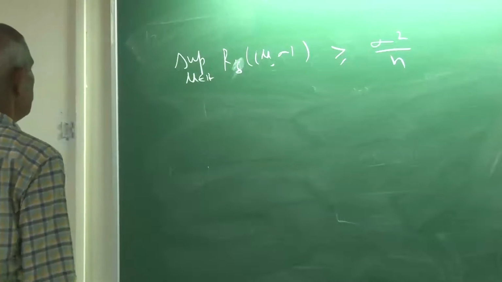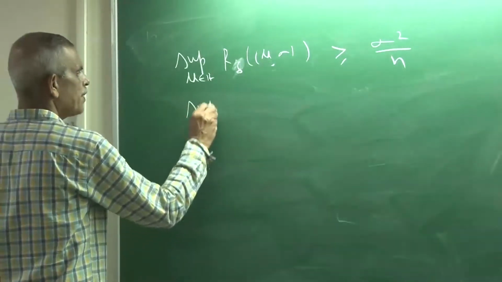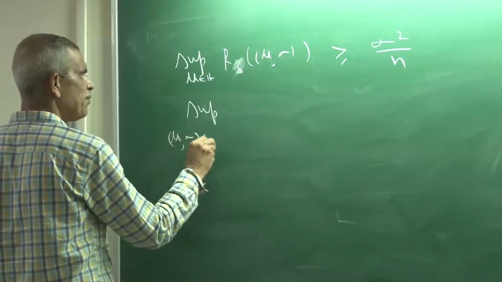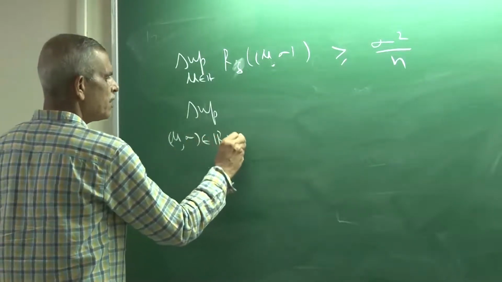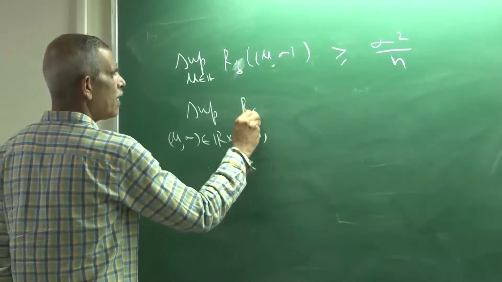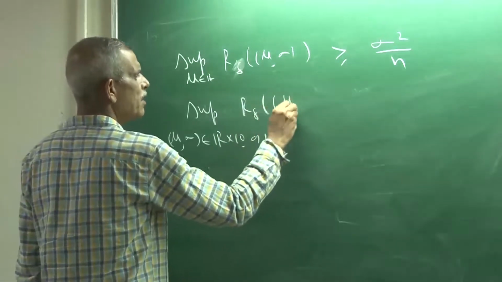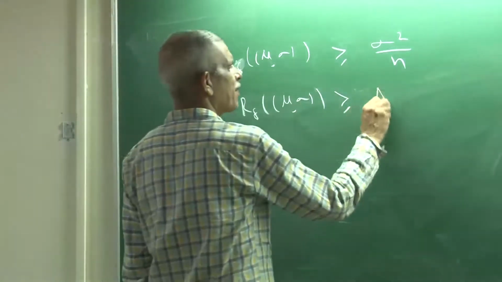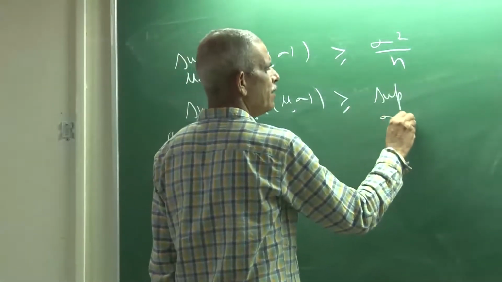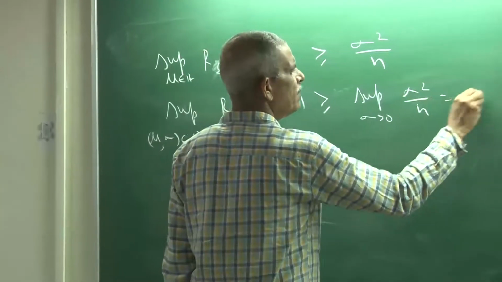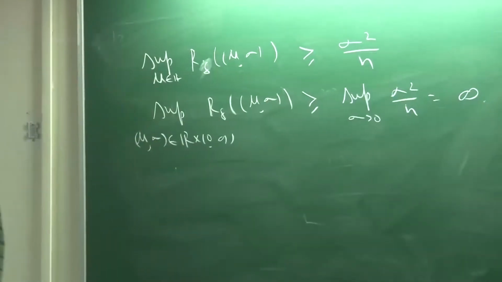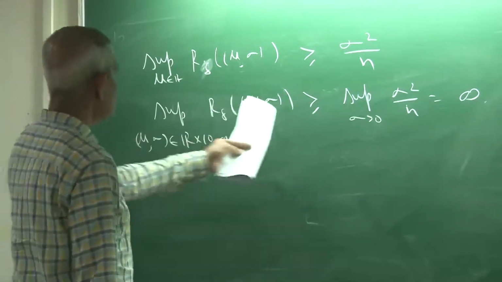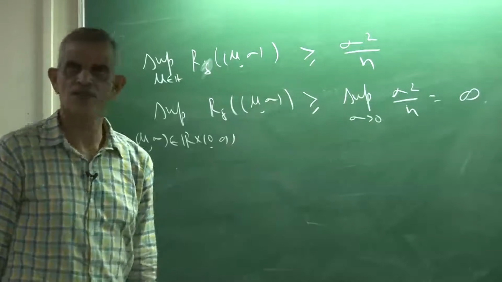So that means when I look at the supremum, now I keep on varying mu and sigma both. So I keep on varying sigma also. R delta mu sigma will always be greater than or equal to the supremum over sigma greater than 0 of sigma square by n, which is the same as infinite, because the supremum of sigma square by n is infinite. So the supremum risk of an estimator delta is greater than or equal to infinite.